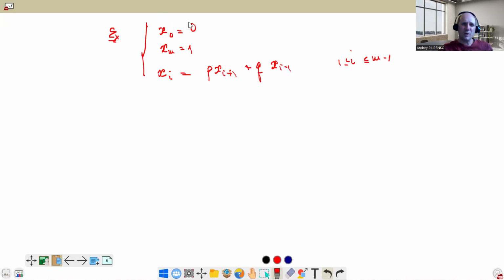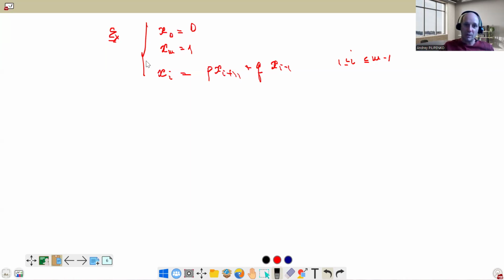At first we may forget even about these two boundary conditions and just consider this equation for i between 1 and m minus 1. Theoretically, if you know these numbers for indices between 1 and m minus 1, then you may find xm, x(m+1), x(m+2), and so on. And you can go in the other direction and find x0 and so on.